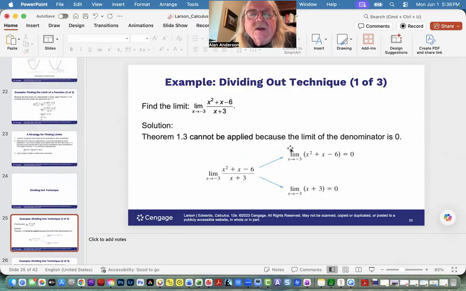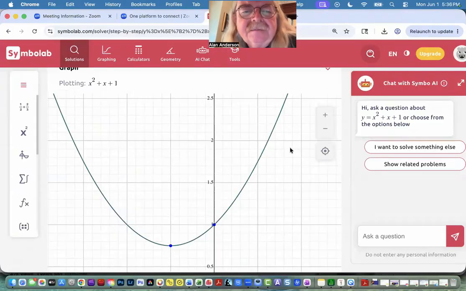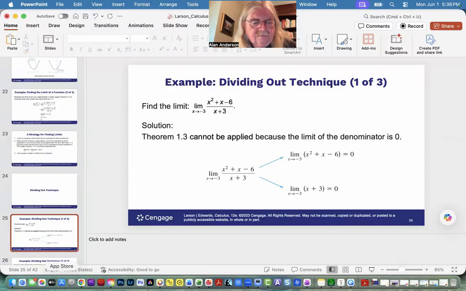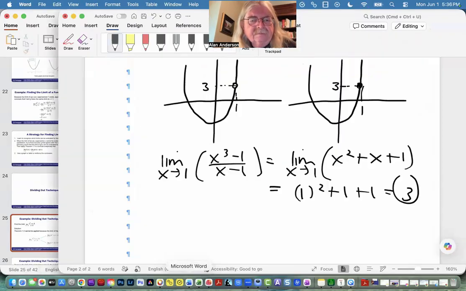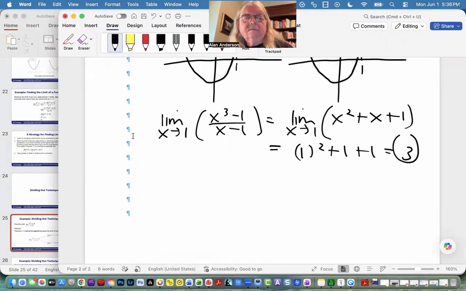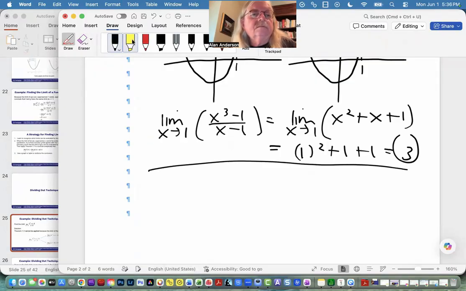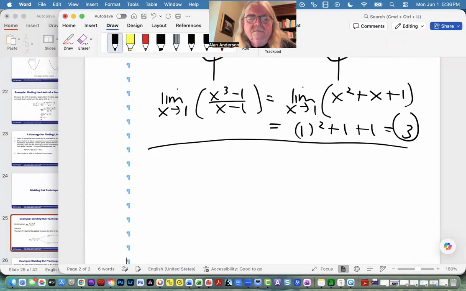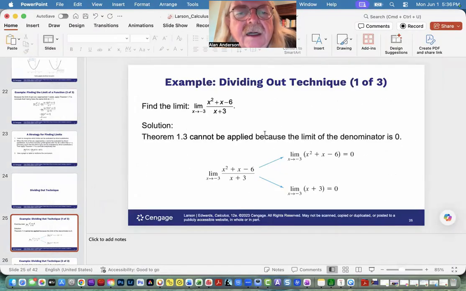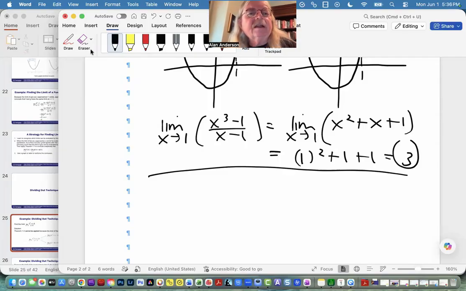We have x squared plus x minus 6. Okay, limit as x goes to -3.